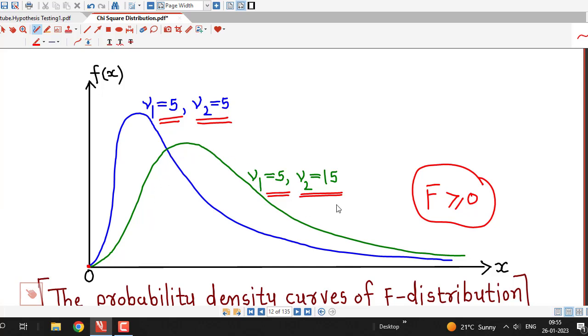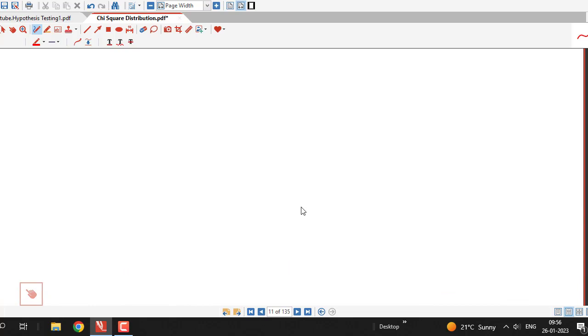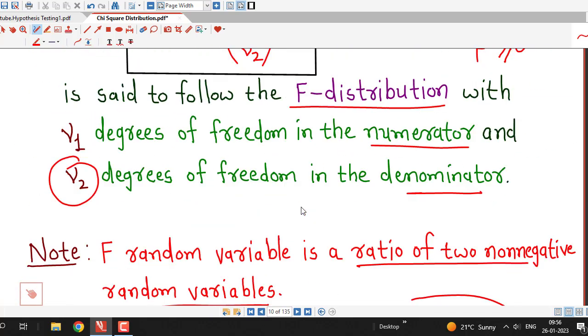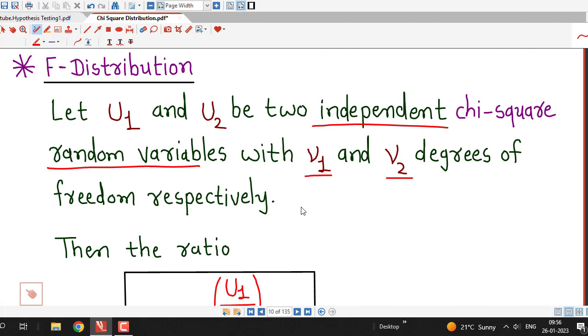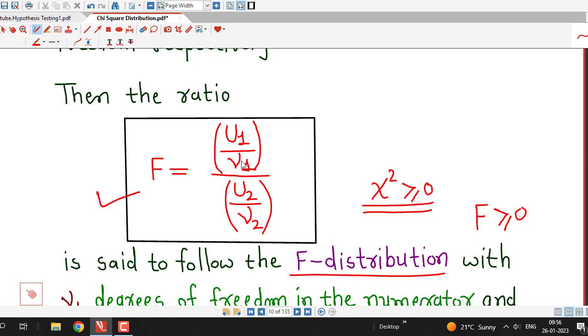Its graph is similar to the graph of chi-square distribution. It has a long tail towards the right side, or it is positively skewed. The graph is asymmetrical. This is all the information we require for hypothesis testing related to F distribution. All we have to remember is that F distribution, or F random variable, is defined as the ratio of two independent chi-square random variables with nu1 and nu2 degrees of freedom.